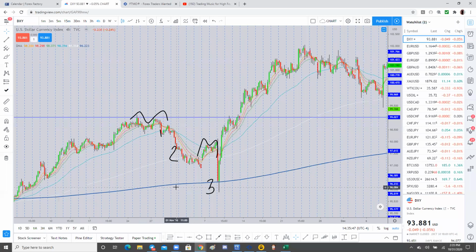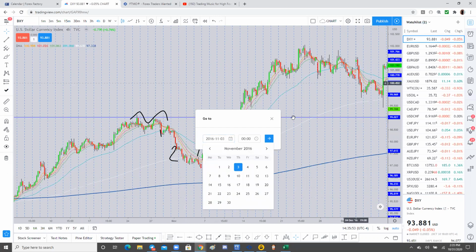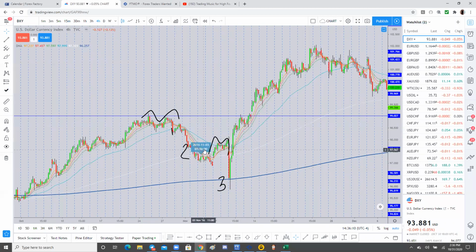Okay, so let's see if we could go 4 years prior to that, how the market set up. So can we go to 2012 on the 4-hour chart? Let's go to the 4-hour chart. And let's see, can we go to 2012, November? Can we do that? He's not.